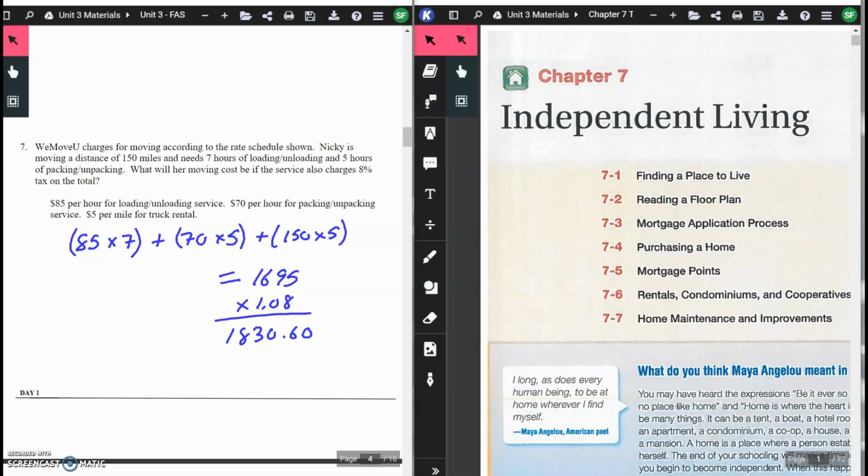So here we have $85 per hour for loading and unloading, and $70 per hour for packing and unpacking.